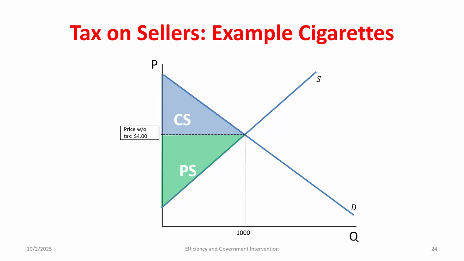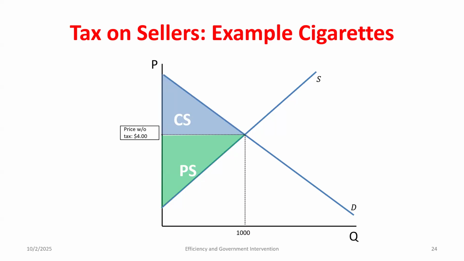So the point that producers, or suppliers, get to keep after the tax is actually going to be down here. So what is producer surplus? The area below the price they get to keep, but above that supply curve. So what has happened to producer surplus with a tax? It's now lower as well, right? So we've seen that with a tax, producers and consumers will be hurt.